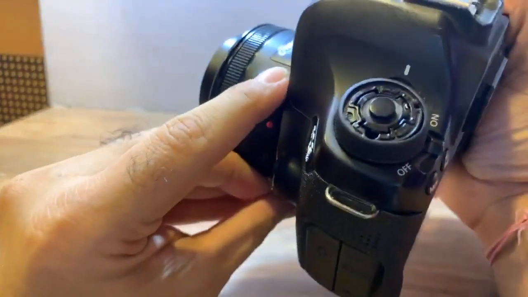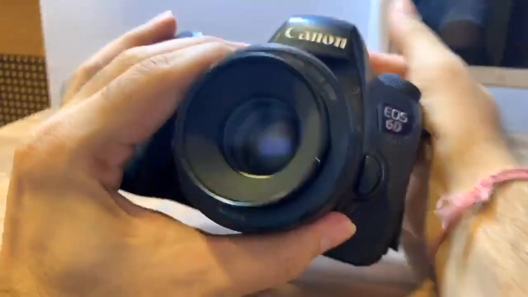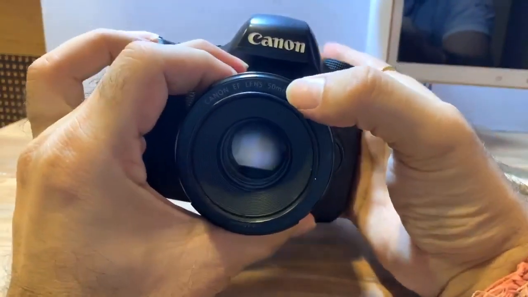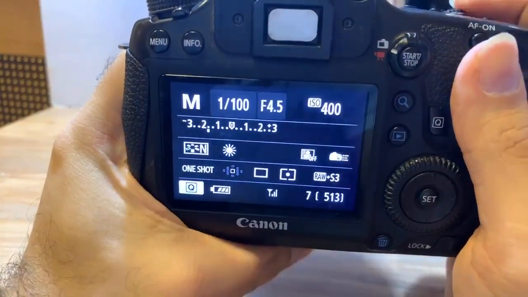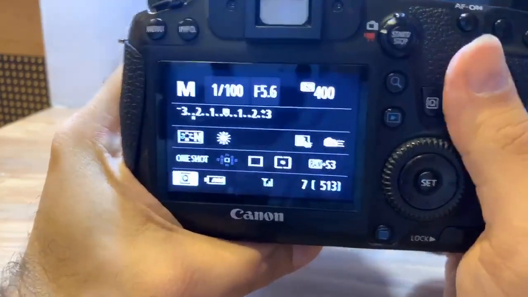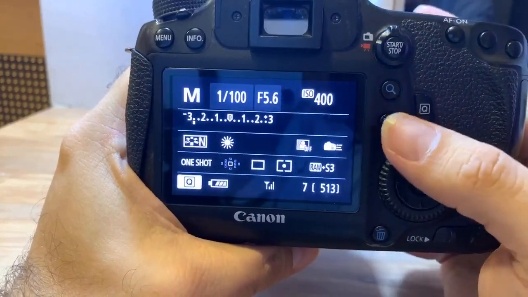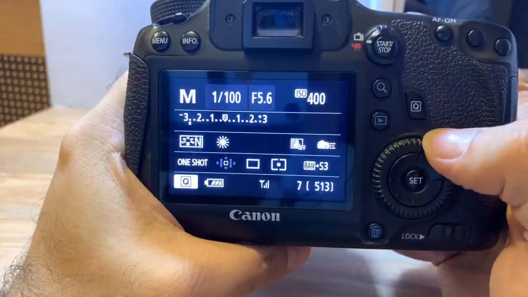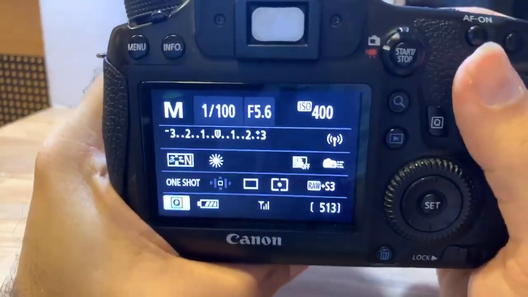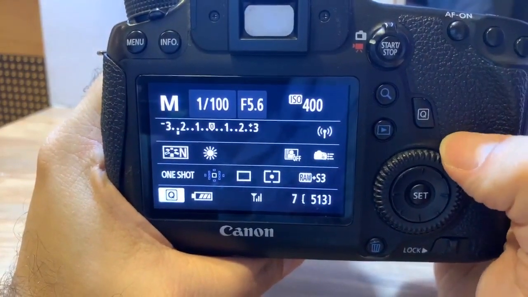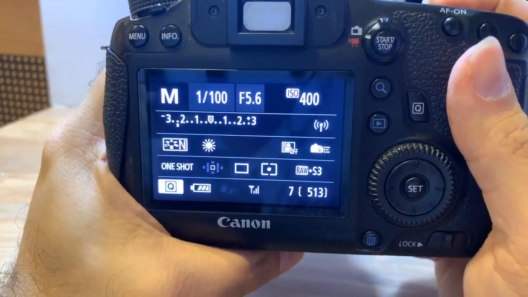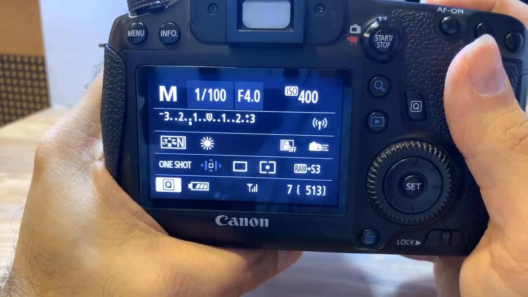I'm using a 50mm lens, the 50mm 1.8 lens is written on my lens. This is the situation where I was: shutter was 1/100, F was at 5.6. Now let me try and bring my cursor in the center.